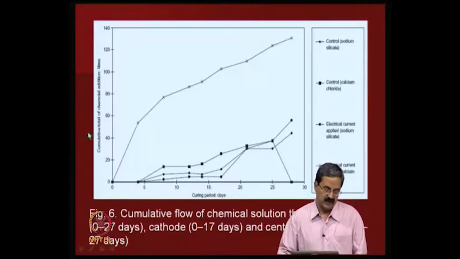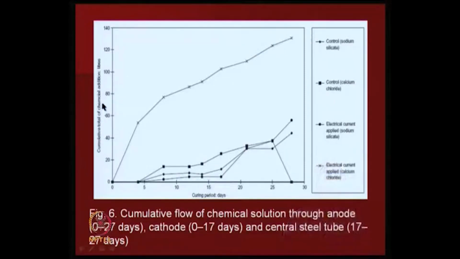This is the cumulative total of the chemical addition in liters. As I said, this is control sodium, this is control calcium, then electrical current applied, and electrical current applied with sodium and all that. For example, sodium silicate, calcium chloride. So, they are able to see that.